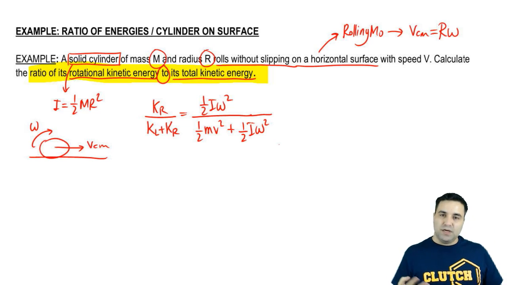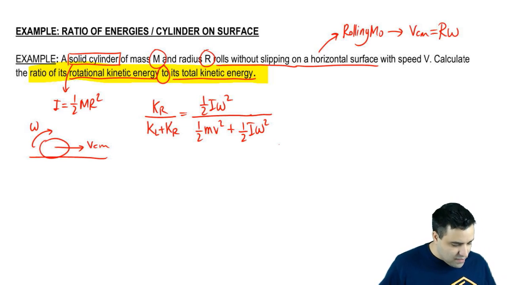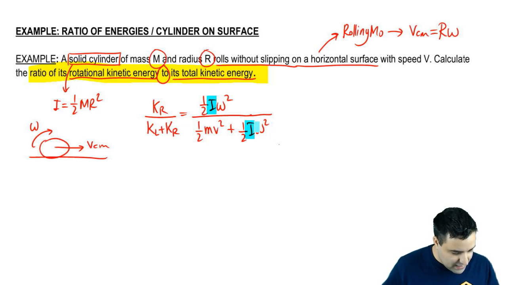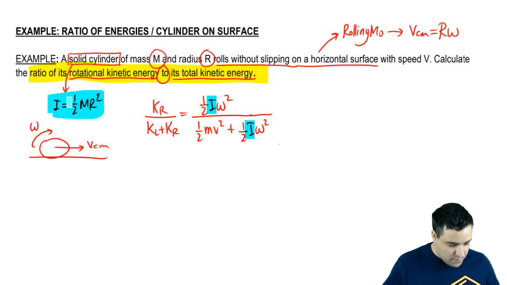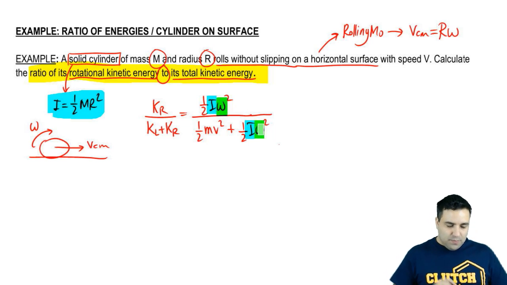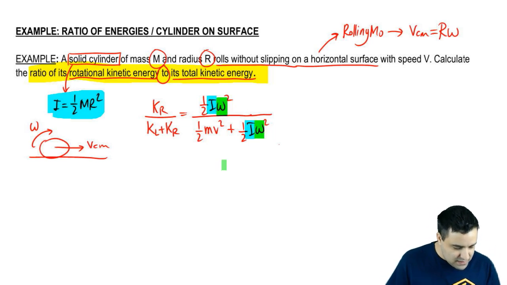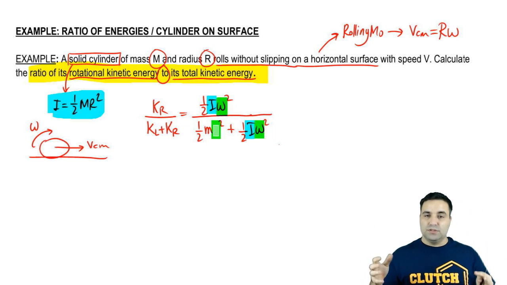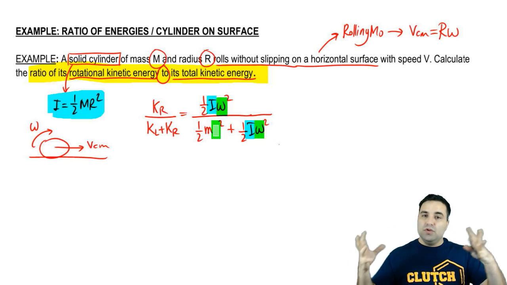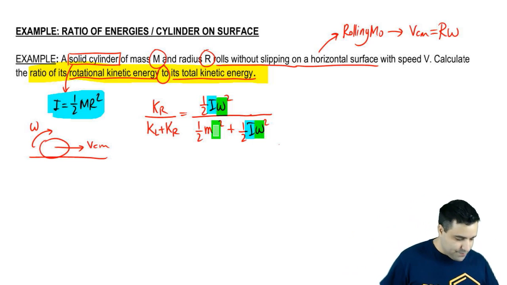We're going to expand this as much as possible, meaning we're not going to stop there. We can replace I with this right here. And I can also replace omega with something else. The problem here is I have V's and omegas. There's too many variables. Whenever you have a V and an omega, you usually want to replace one into the other.